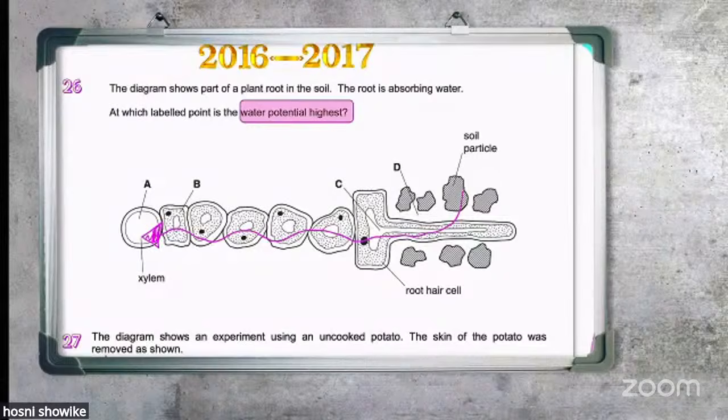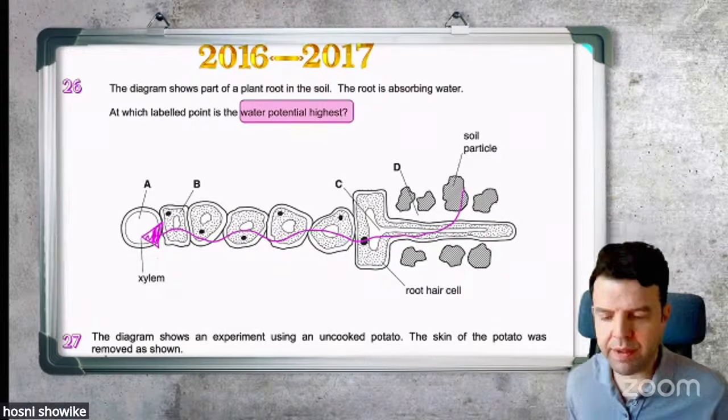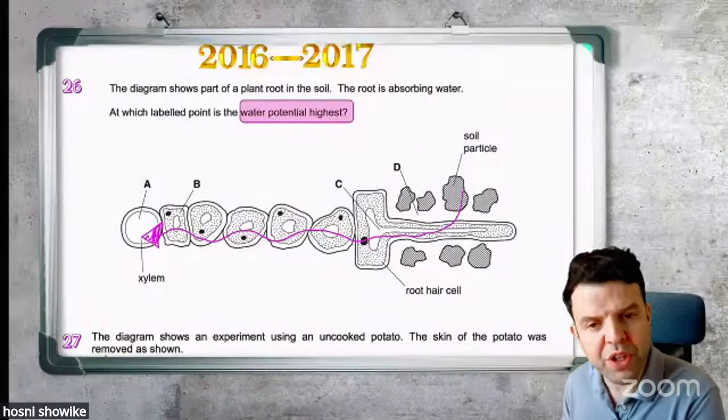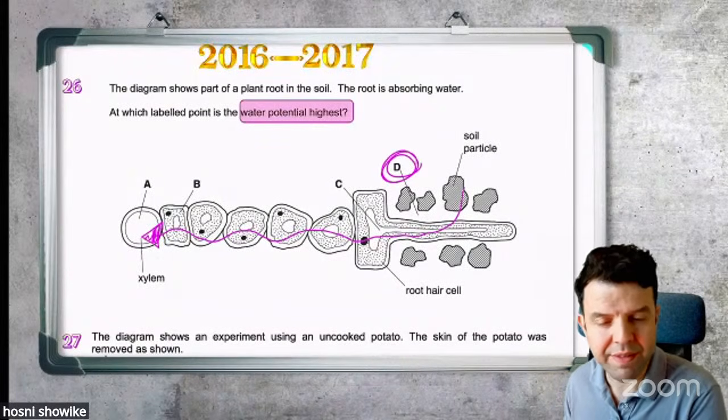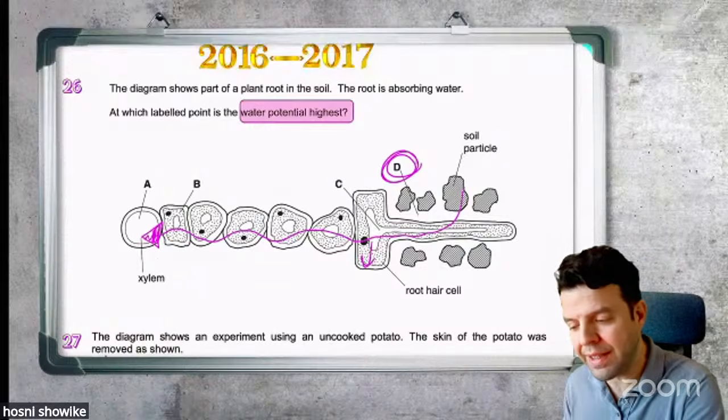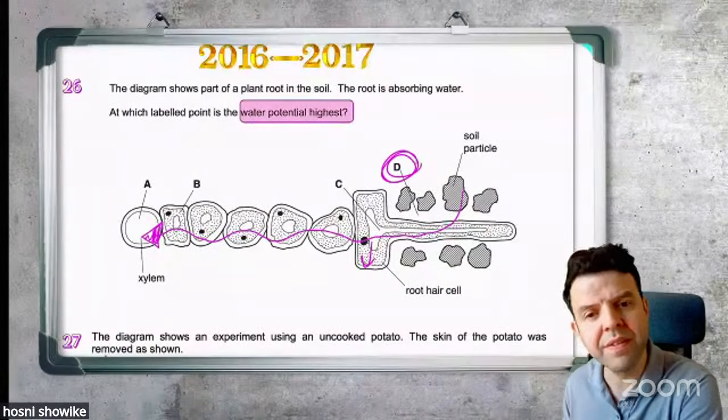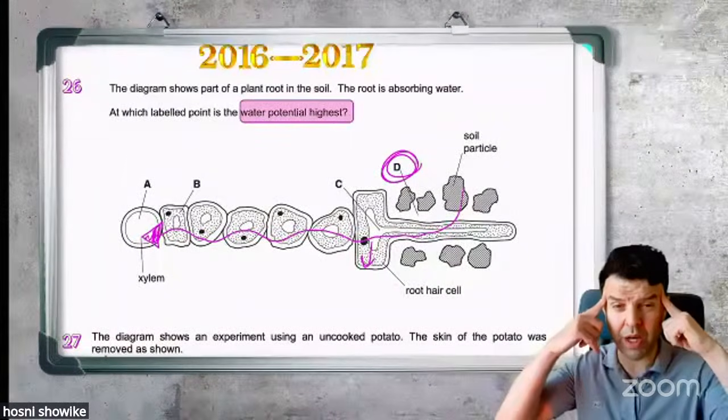And you know that water moves from higher water potential to lower water potential, right? For that reason, the area with the highest water potential is going to be here outside in the soil. And second highest, the root hair cells. Least highest is xylem.